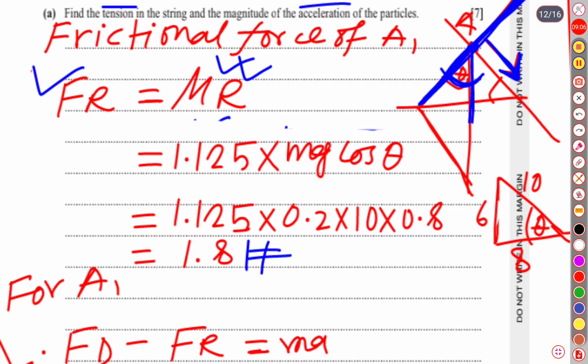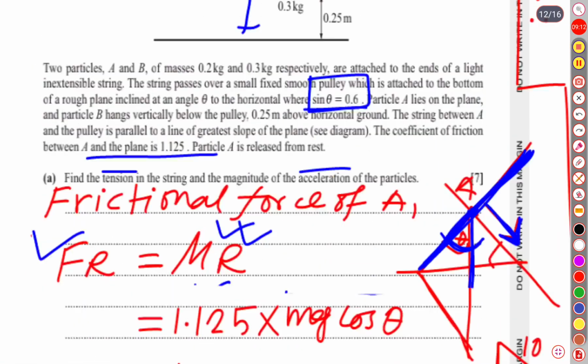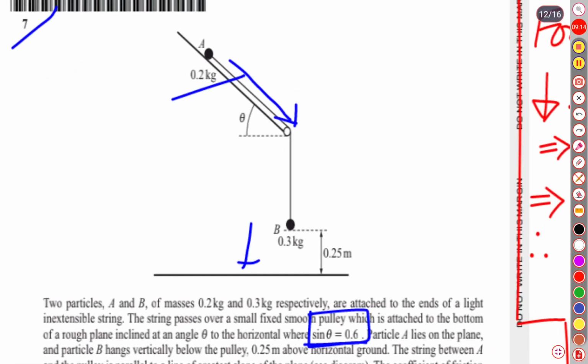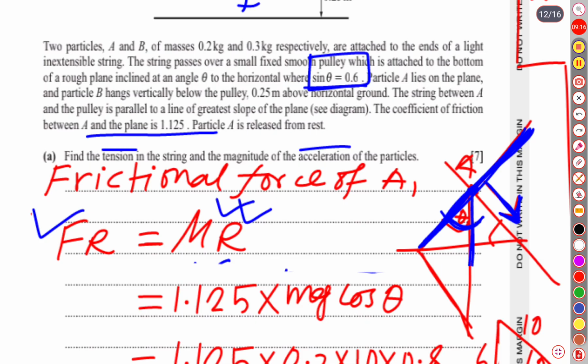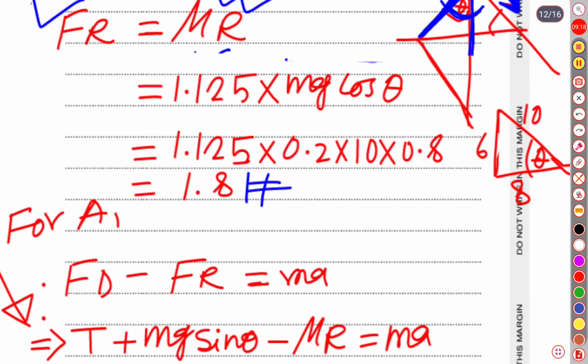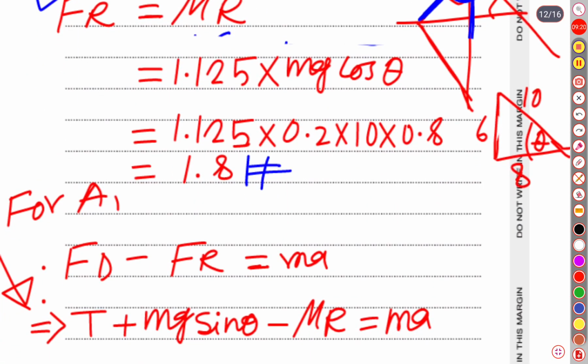Well, now for A, we have already decided there will be two equations, one for particle A and another for particle B. We have started with particle A. Let's form the equation applying Newton's law of motion. We all are acquainted with this equation: driving force minus resistance force equals ma.